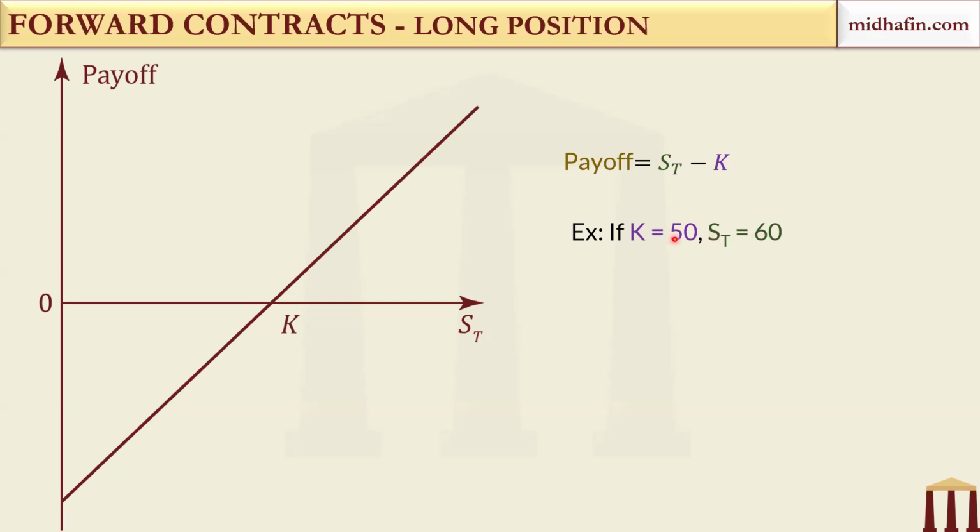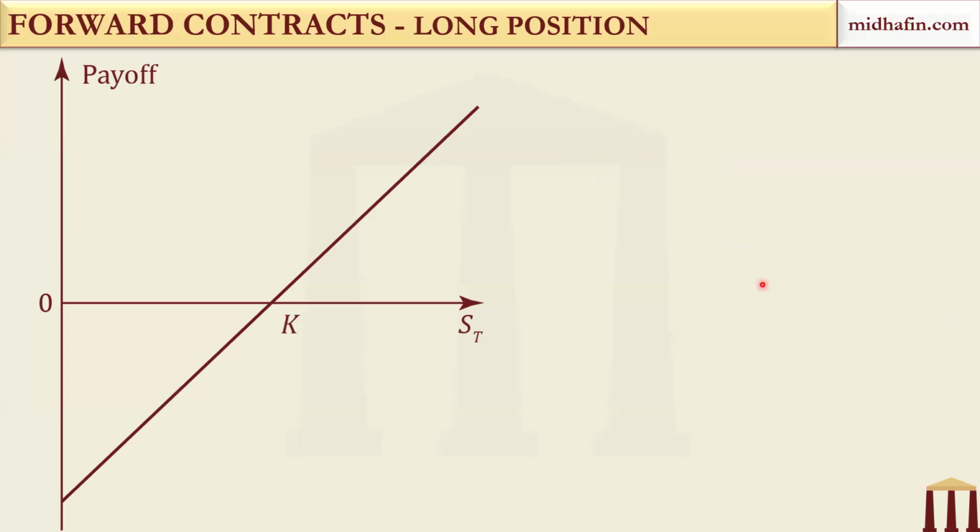Since the exercise price was 50, the long position can buy the asset at 50 even though the market price is 60. Got it? So this is the current market price at maturity, that is ST, the underlying asset price. Is it clear? Yeah. Okay.